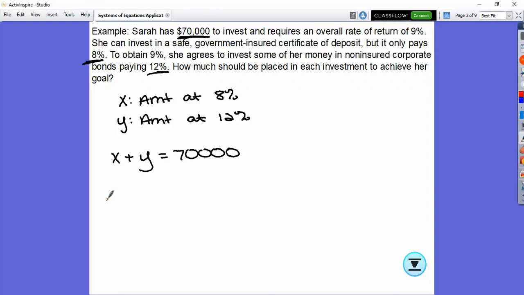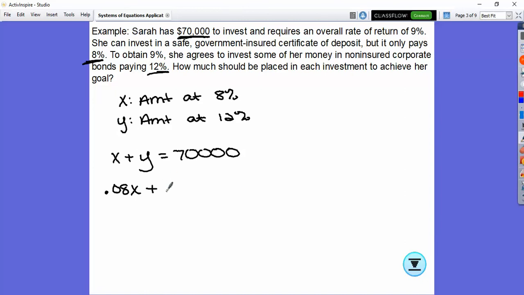Interest is just principal times rate times time, right? I'm not making any mention of time. We're just assuming 1 year. So we just need to do our principal times our rate. So 8% is 0.08. And the amount I'm investing in that one is X.